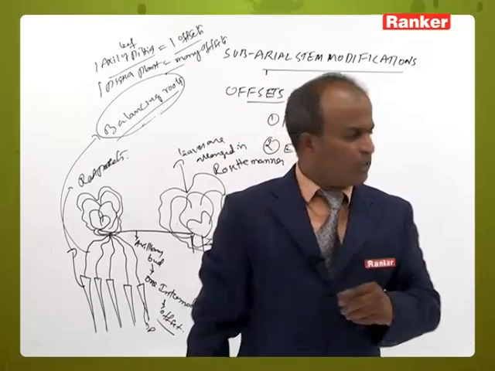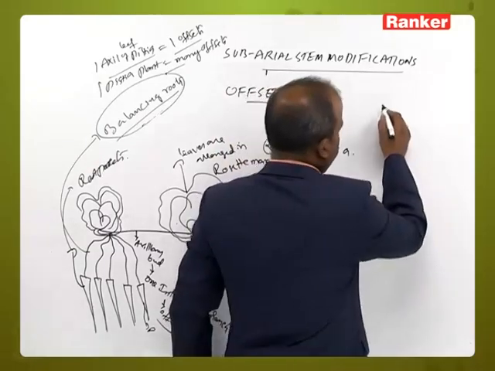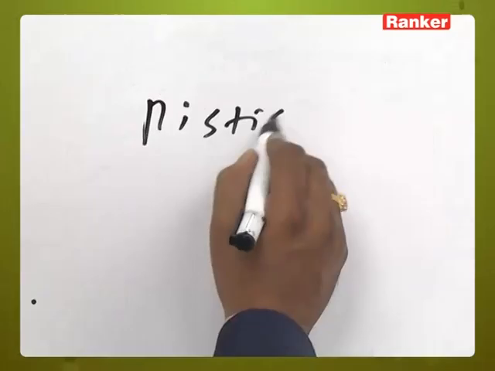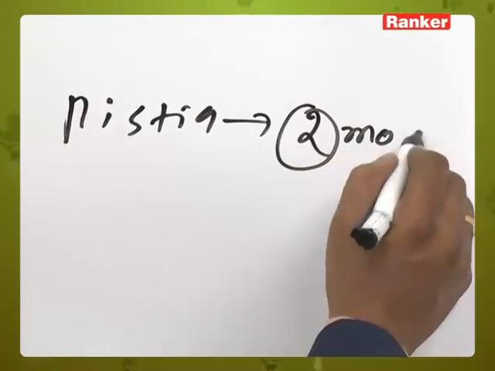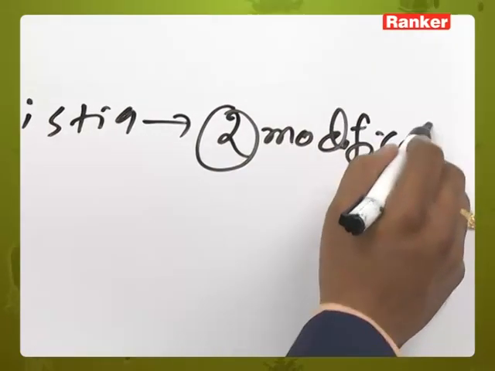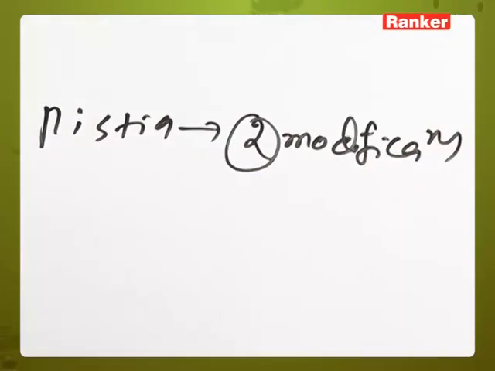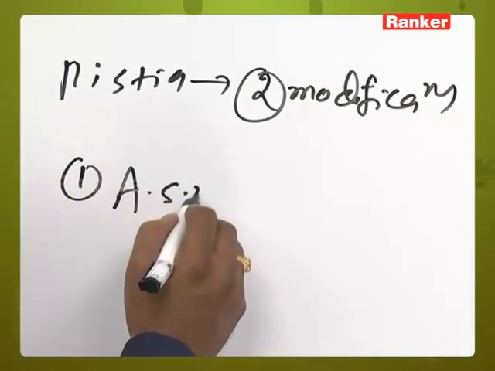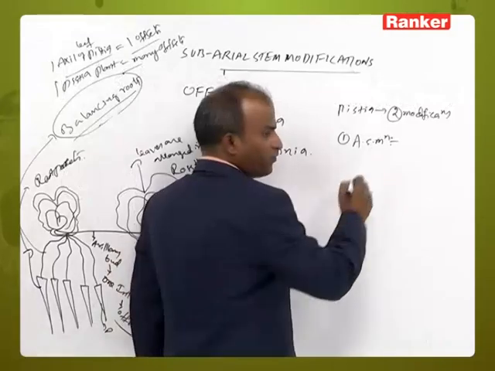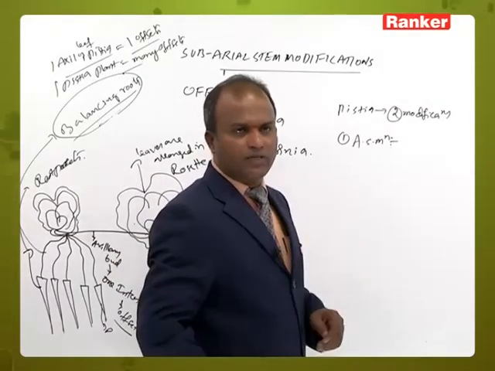Now I am going to explain here. Pistia shows two modifications. Of that, the first modification is the aerial stem modification. What is that in Pistia?